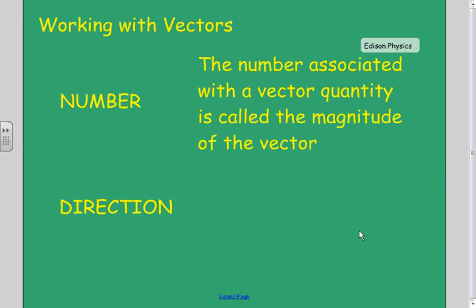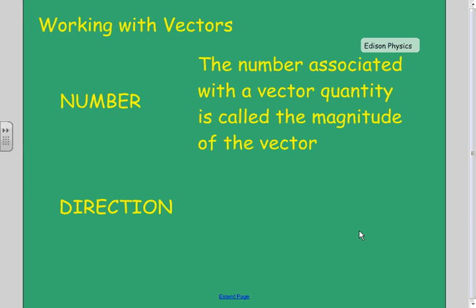And it doesn't matter what kind of vector it is. The size of the vector is the magnitude. So 25.4 meters north has a magnitude of 25.4 meters. 11 newtons to the left has a magnitude of 11 newtons.